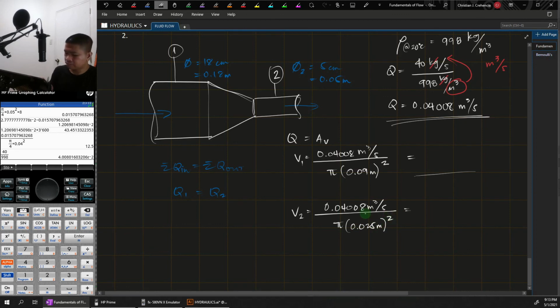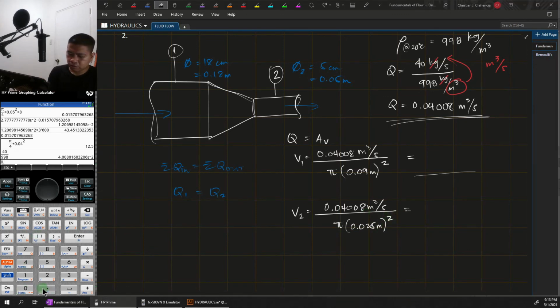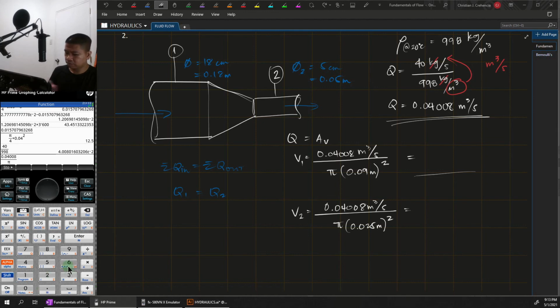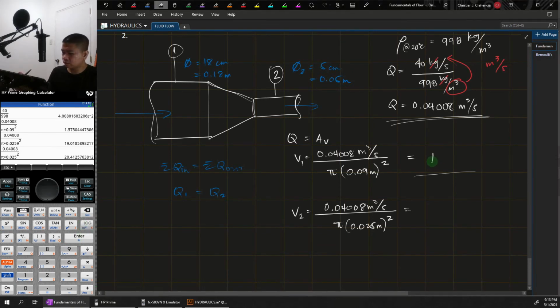Then solve natin. 0.04008 then divided by pi times 0.09 squared. Okay? While sa V2, 0.025 yung ating radius. Yan. So velocity at 1 is 1.575 meter per second. Okay?